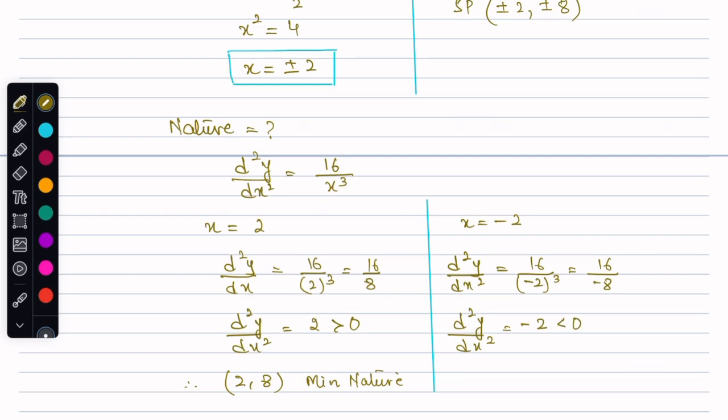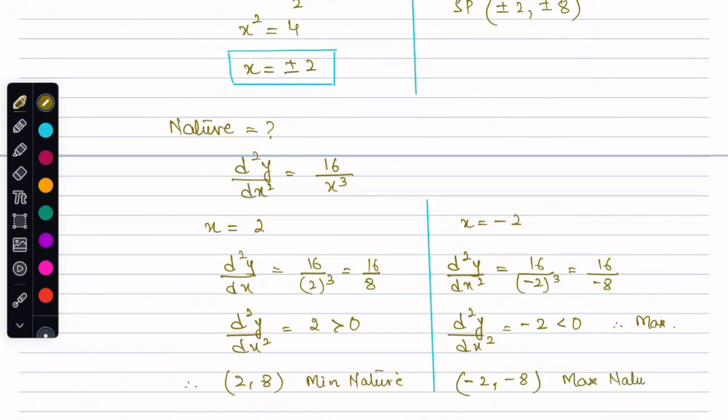So as -2 is less than 0, therefore the nature has to be maximum. Therefore, what I can see here is that (-2, -8), this stationary point shall be of maximum nature.